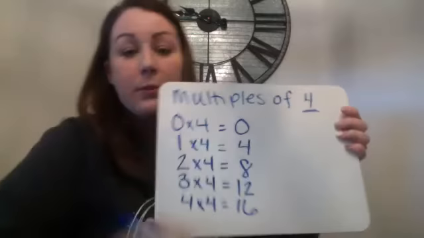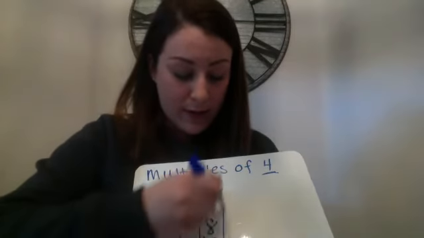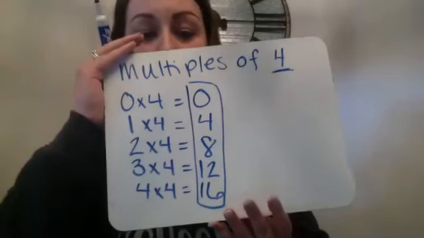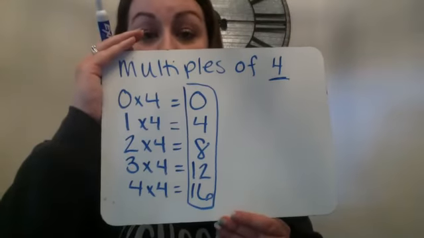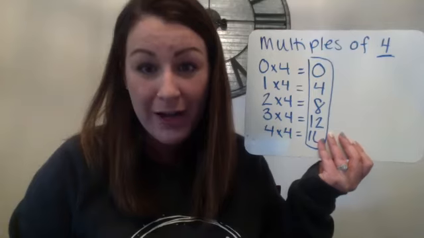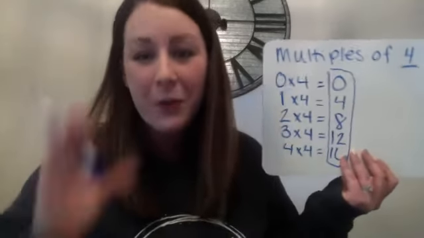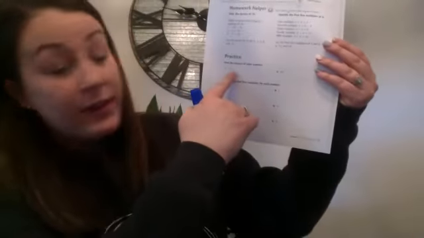So 0, 4, 8, 12, and 16 are the first 5 multiples of 4. But you could go on and on and find all of the multiples, which is why we give you a limit.